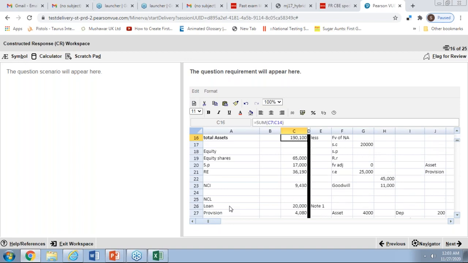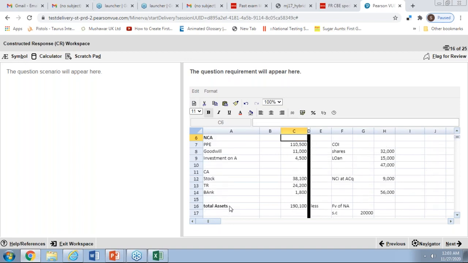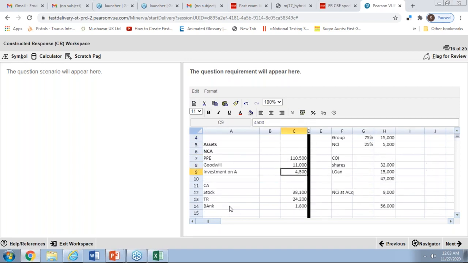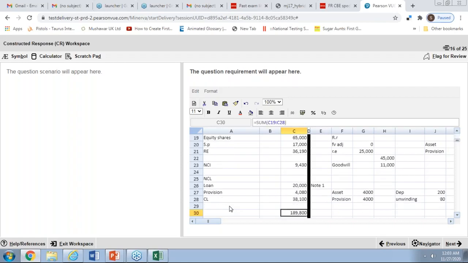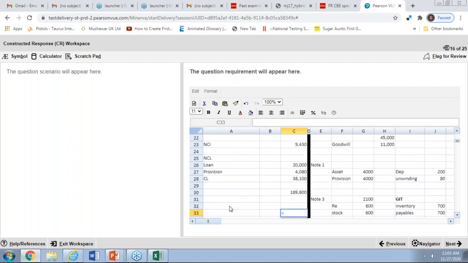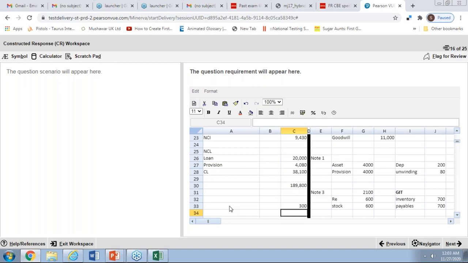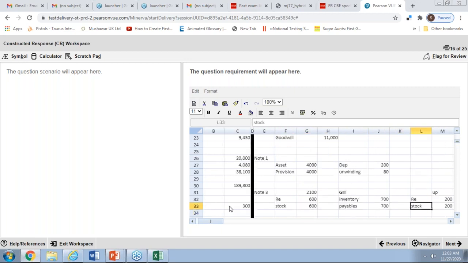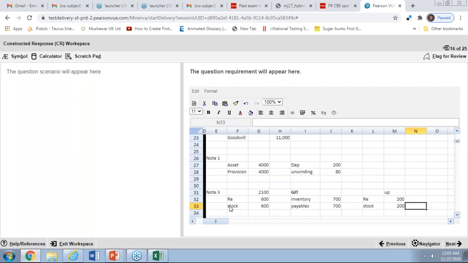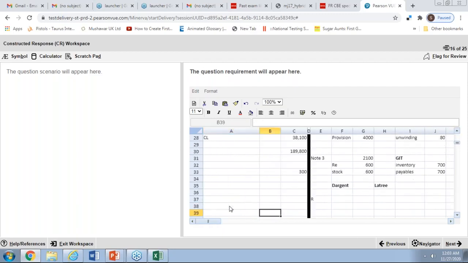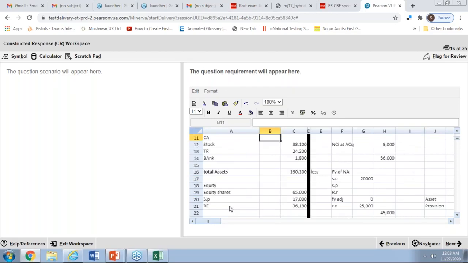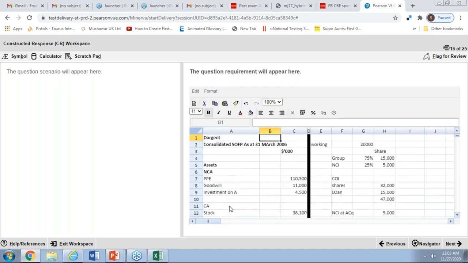So okay. Is there any difference between the two figures? I think we have skipped something. 300. Did you skip something related to 300? Let me check.